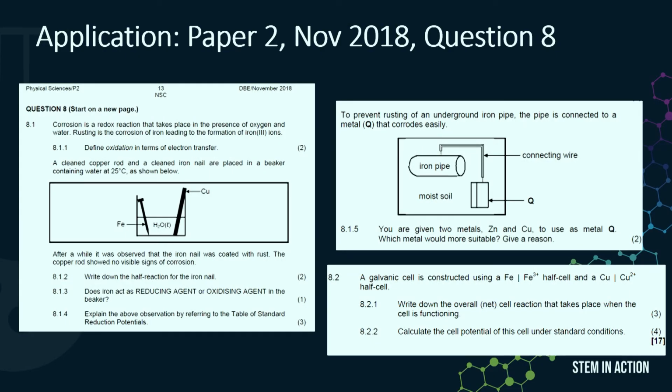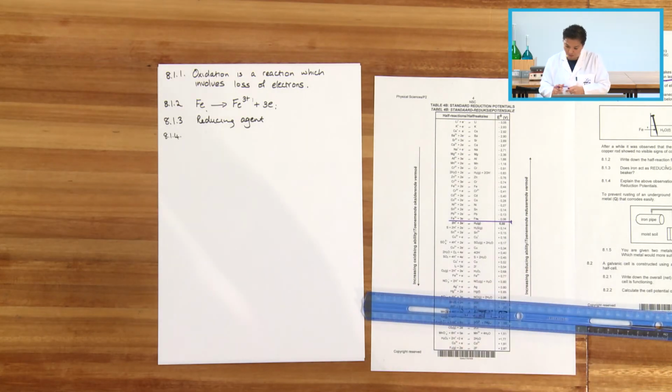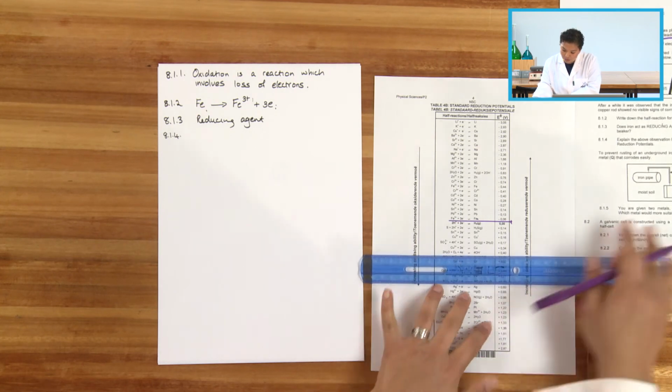Explain the above observation by referring to the table of standard reduction potentials. So we've got there, and we've got iron. That's our other reduction potential that we need to consider, which is over here.